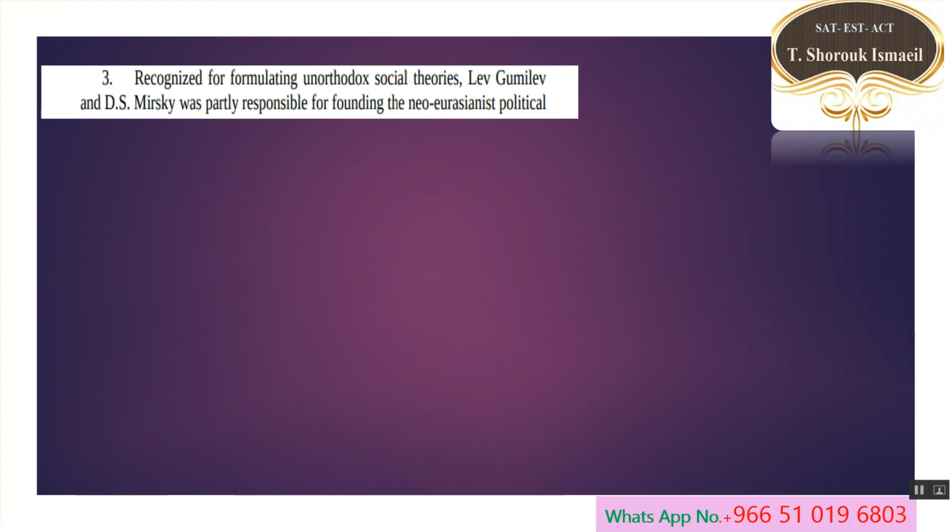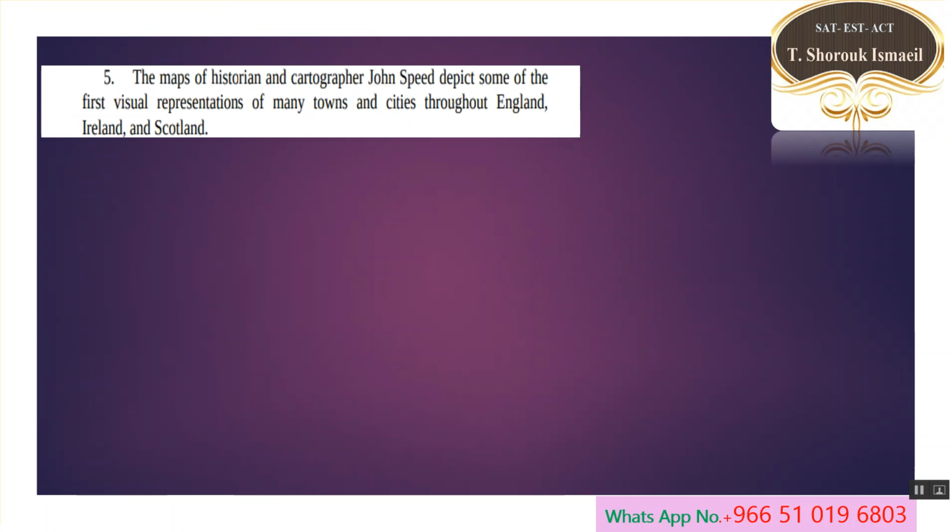Let's come to number 5. The maps of historian and cartographer John Speed. What am I talking about here? I'm talking about the maps. All of this I don't need. Okay, let's come to the verb depict. So my verb is depict.